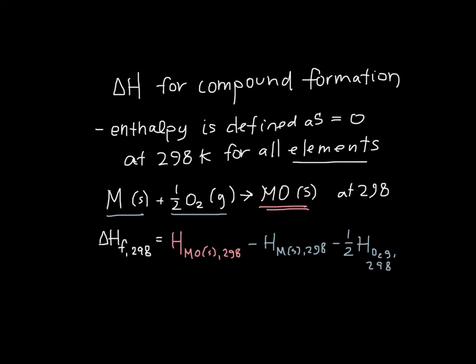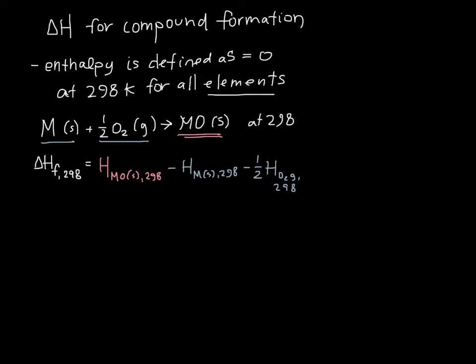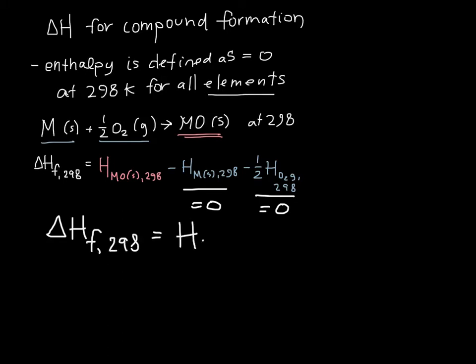So we know basically by definition that this term here and this term here are equal to 0 because these are just elements. And so the definition of the enthalpy of formation is the enthalpy of that compound itself at 298.